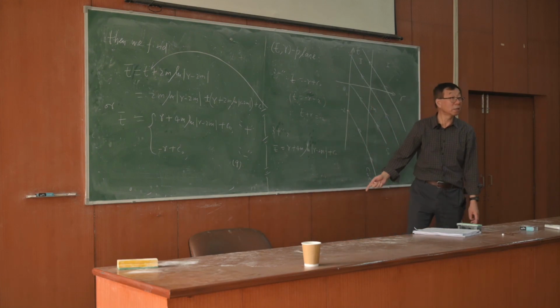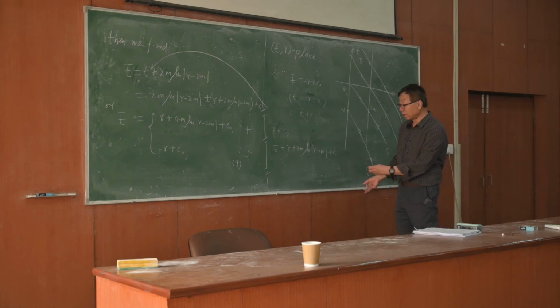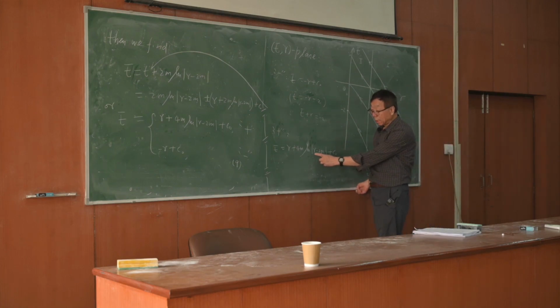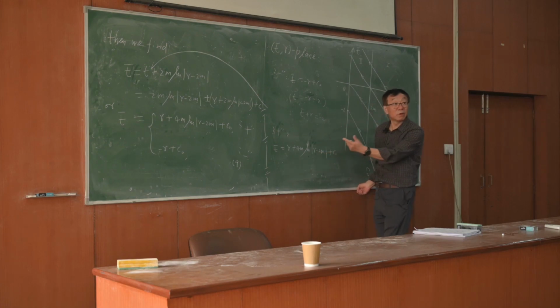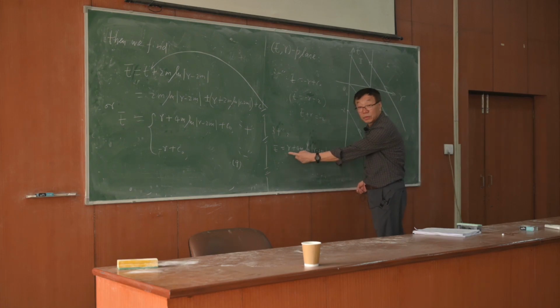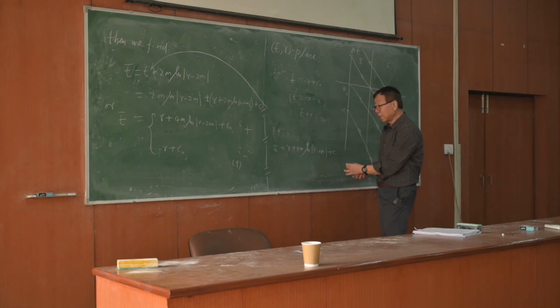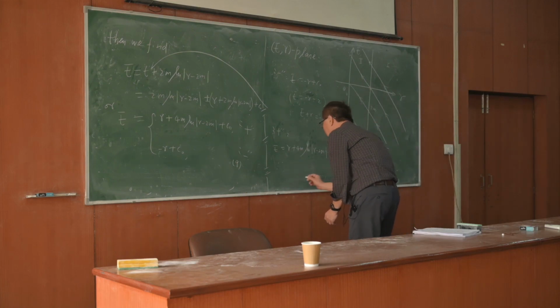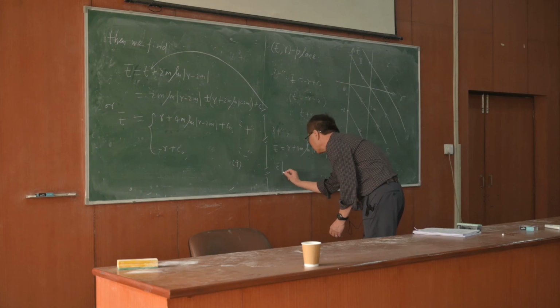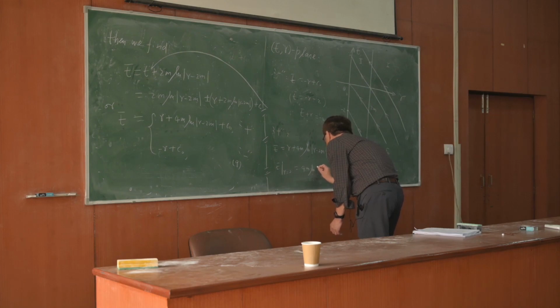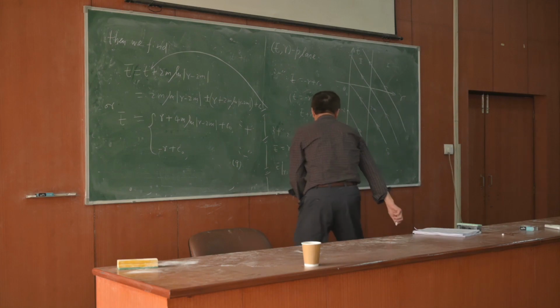So firstly inside the black hole, let's consider the R equals 0 case. At R equals 0, the log of 2m is finite. So T bar at R equals 0 equals 4m log 2m, plus C0.